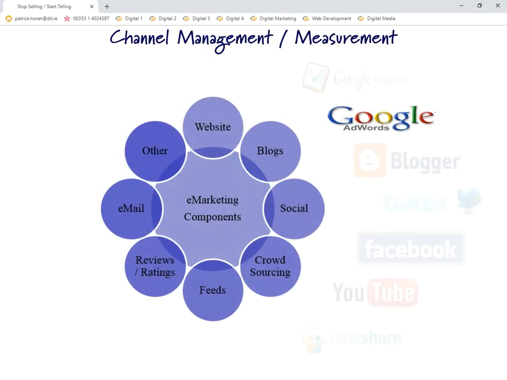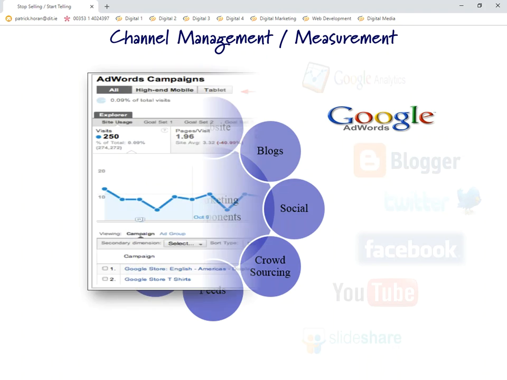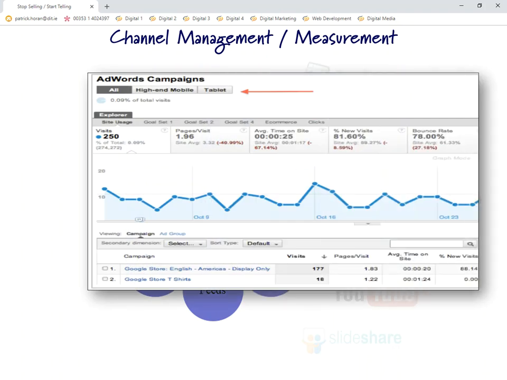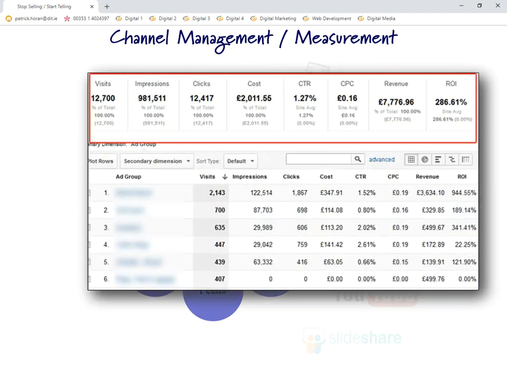Okay, so Google AdWords. What you can do with a Google AdWord is get, believe it or not, a little snippet and put it into your website. So you can see how many people are coming from the Google ad campaign that you've got and going to your website.